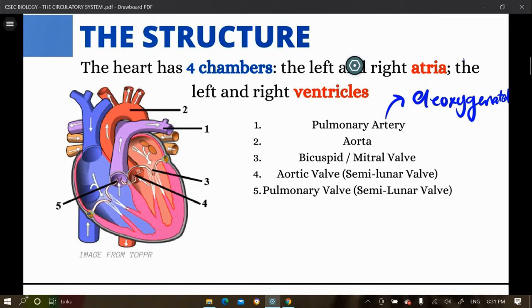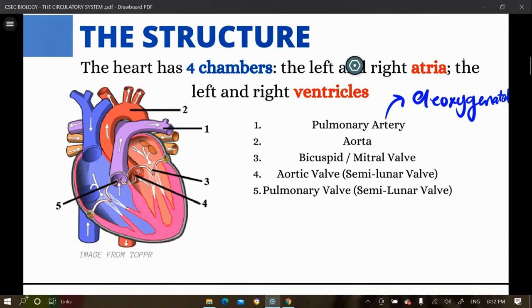If you are a pregnant woman, the pulmonary artery is not the only artery that brings deoxygenated blood in your body.